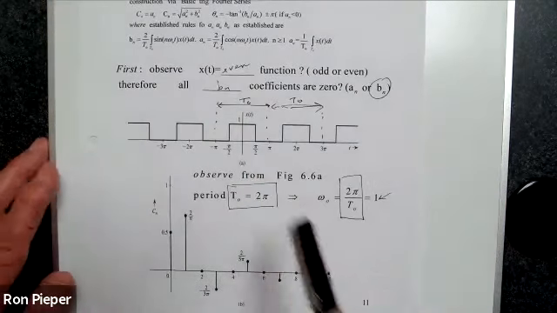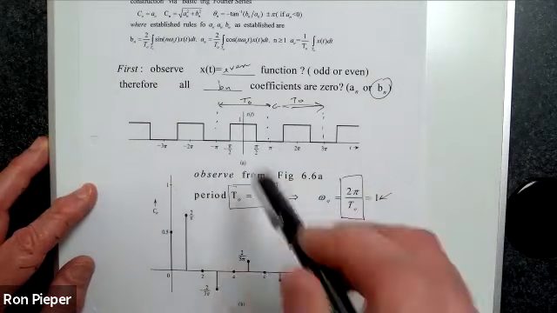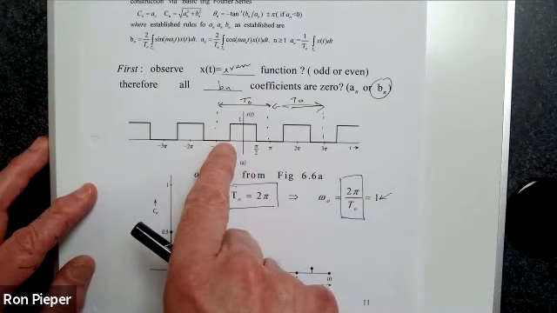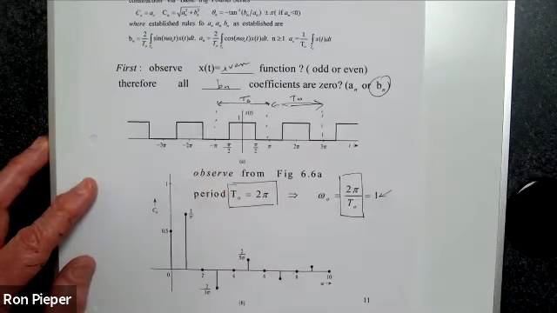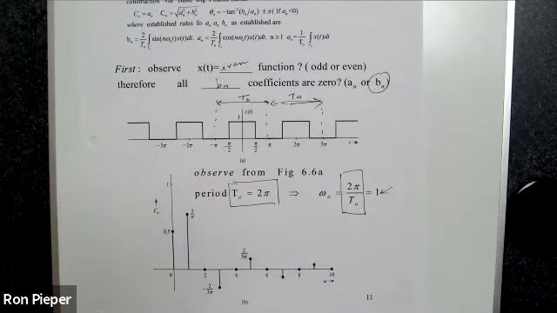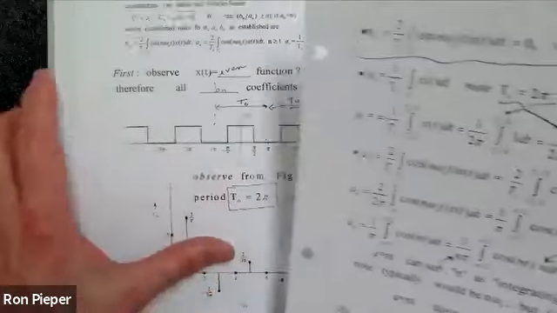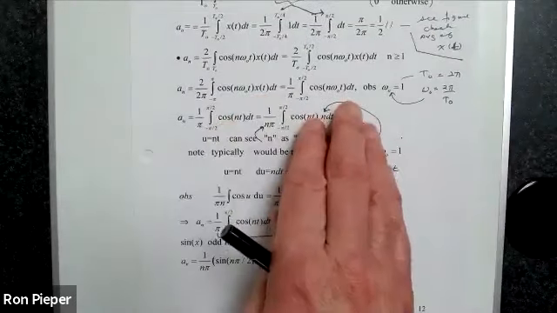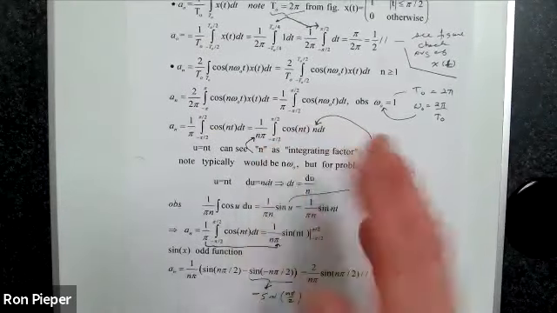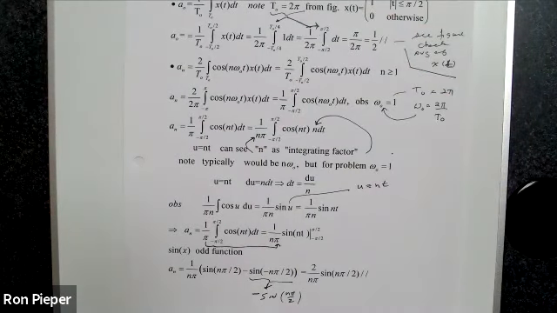We can get rid of the x of t in the expression, just replace it with 1. But when we do that, we need to remind ourselves that that only would be 1 between minus pi over 2 and pi over 2. And it's 0 otherwise. So you can drop the x of t. Okay, you can leave it there, but no reason to, because x of t is 1 with those particular limits.